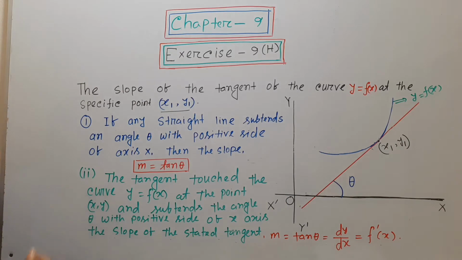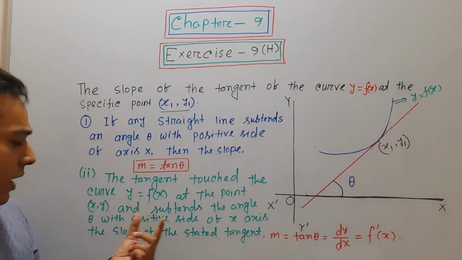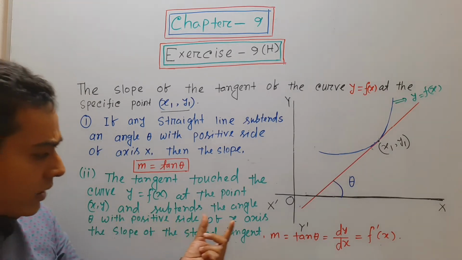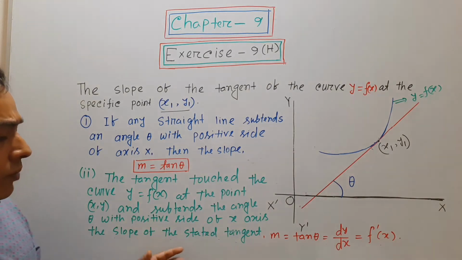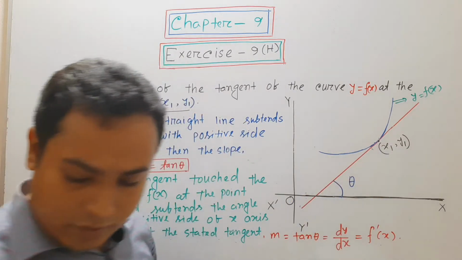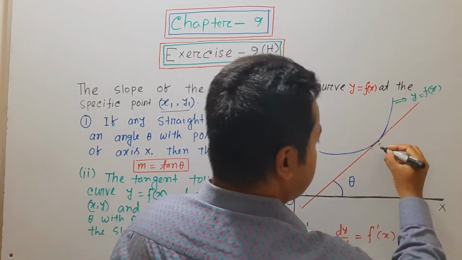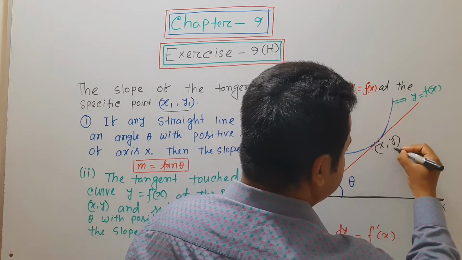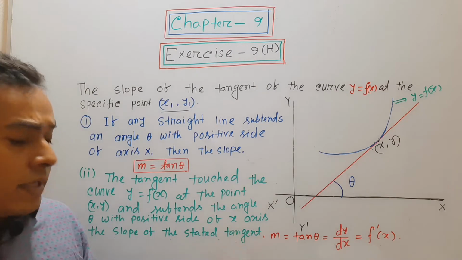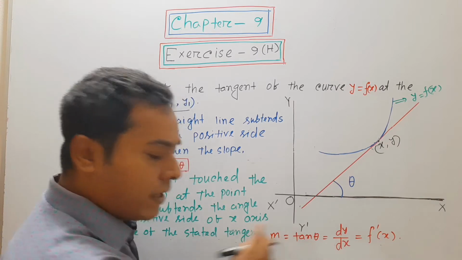Now the second rule: the tangent touches the curve y is equal to f of x at the point x comma y, and subtends the angle theta with the positive side of the x-axis. Think of this point as x comma y. Then the slope of the tangent, as for a straight line, is m is equal to tan theta.